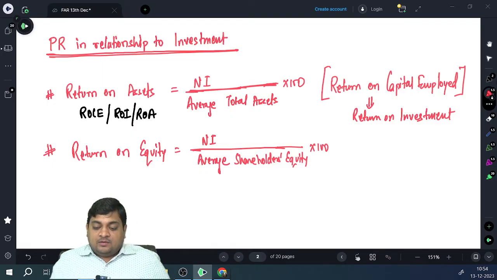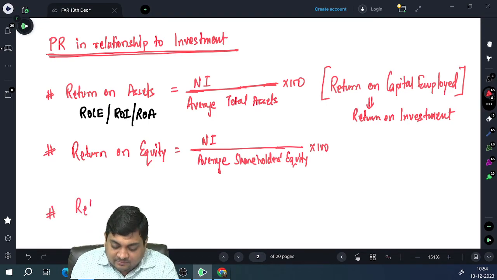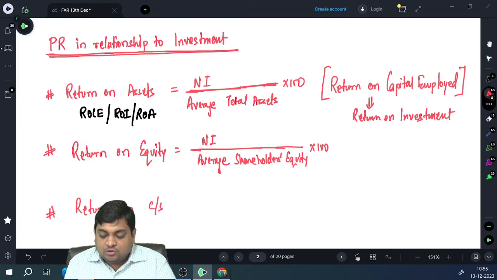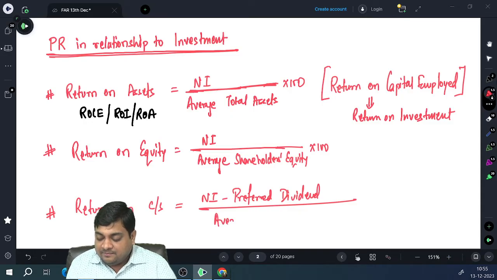If I tell you only the common stockholder, return on common stock, then from net income I have to subtract preferred dividends divided by average common stockholders fund.